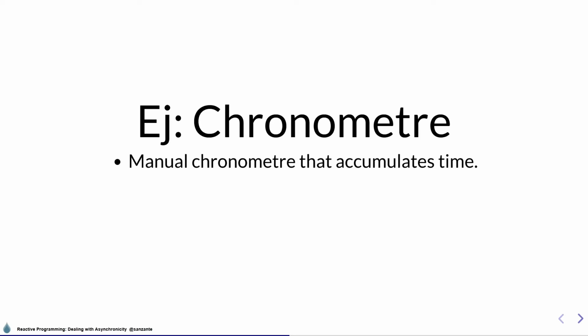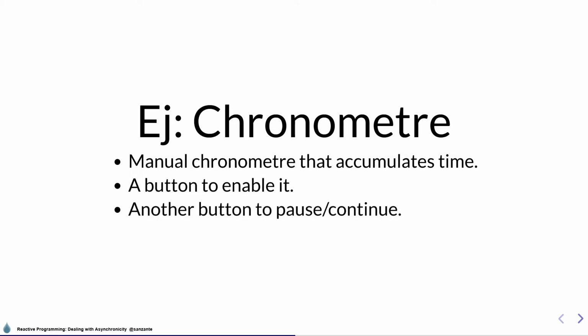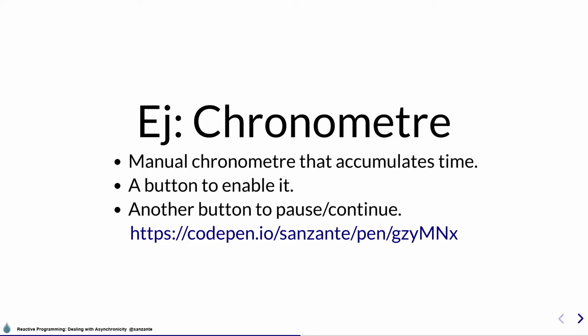Okay. So we have a manual chronometer that accumulates time, a button to enable it to start accumulating, and a button to pause or continue the chronometer. There is a working example here, just to see how it is.